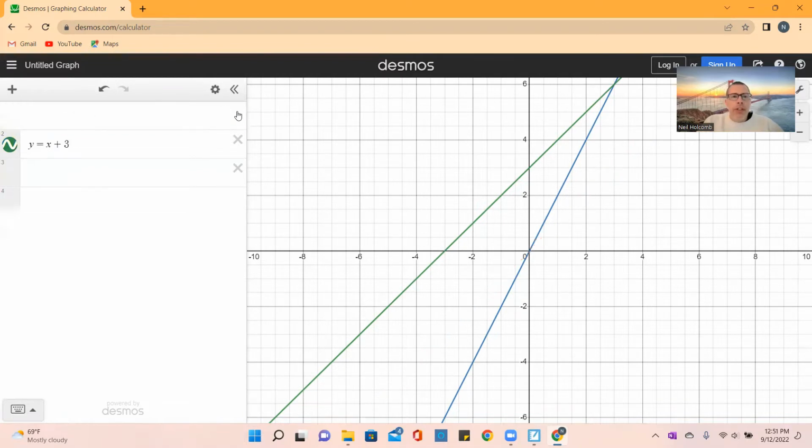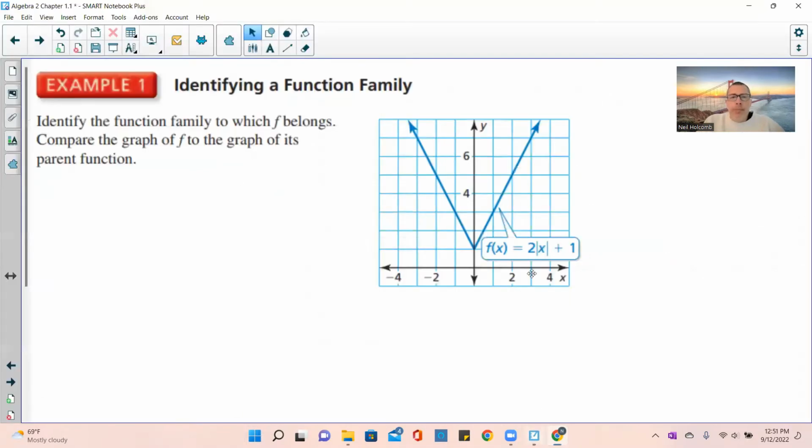Let's get rid of all these and start over. That's the definition of a parent function as far as linear goes, but every type of function, be it quadratic, absolute value, cubic, cube root, or square root, has a parent function and a family of functions that you can transform from the parent.